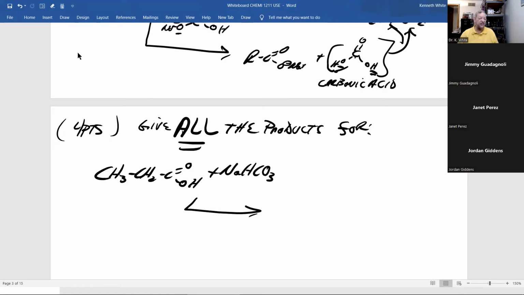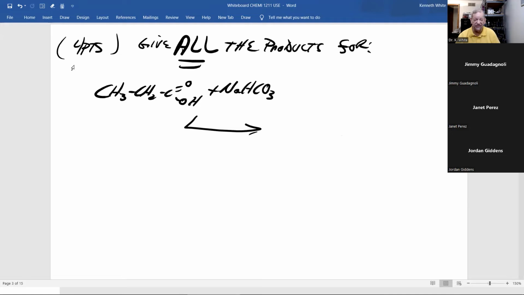If you were to see this, say 4 points, give all the products for the following. And we say, oh, what's different? Oh, carbonyl with a hydroxy group and carbons, a carboxylic acid. Oh, what's this? Baking powder, sodium bicarbonate.